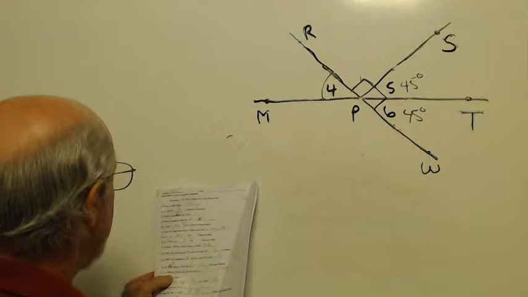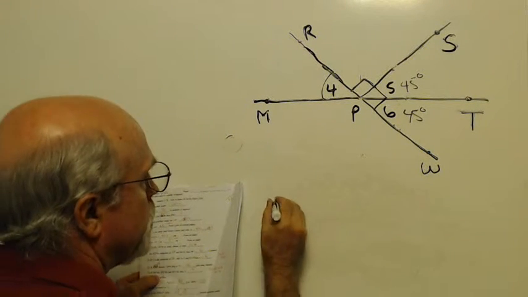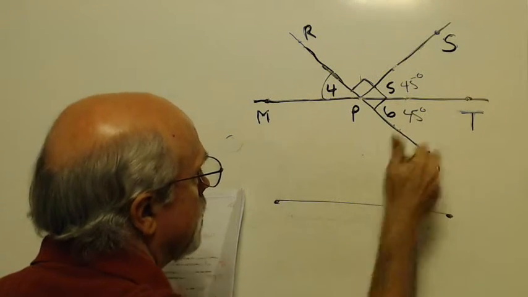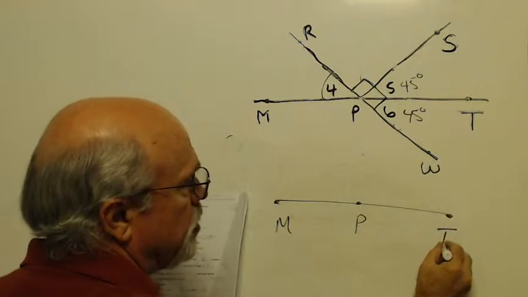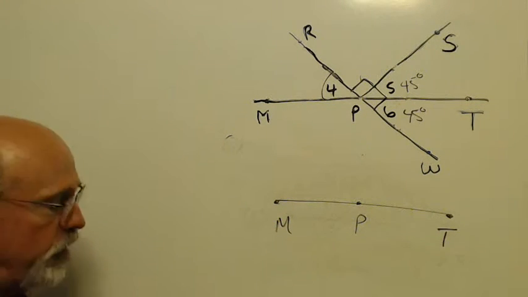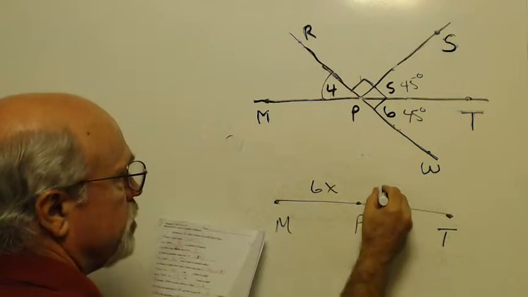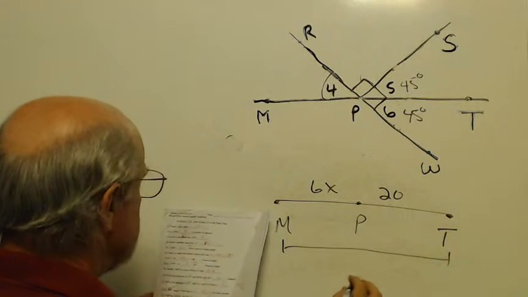On problem number 13, it's dealing with the segment MT again, and that has P between. This time we don't know that P is the midpoint, it's just some point between. And we know that MP is 6x, PT is 20, and that MT is 10x.